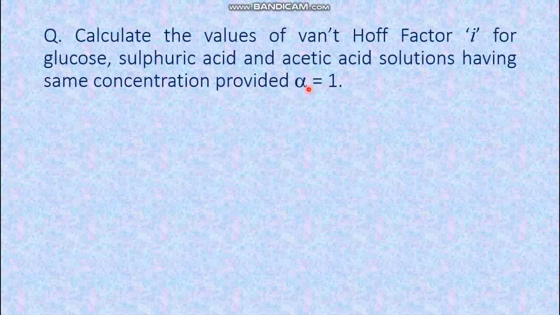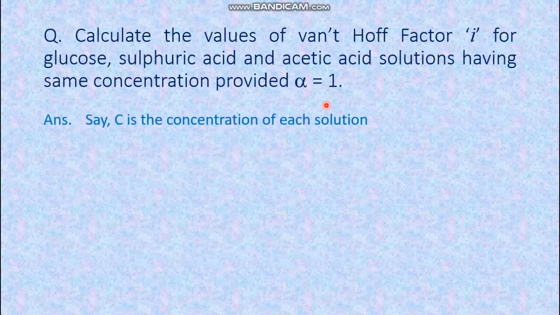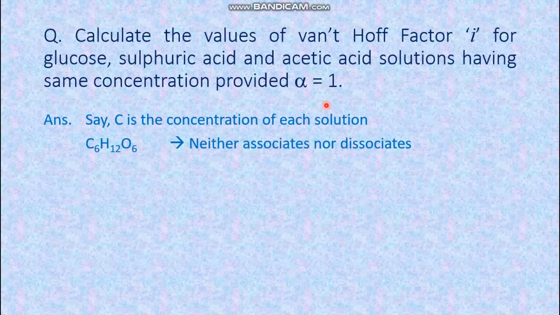So if there is no association or dissociation, alpha equals 0 for glucose, but for sulfuric acid alpha equals 1 means it forms 3 particles, and for acetic acid alpha equals 1 means its degree of association is 1, that means it completely forms a dimer. So in those cases, say C is the concentration of each solution, and for glucose it neither associates nor dissociates, so number of particles equals its concentration into Avogadro number into 1.